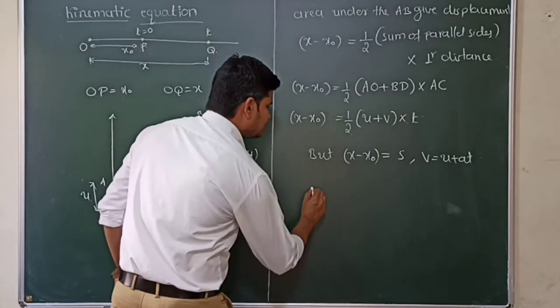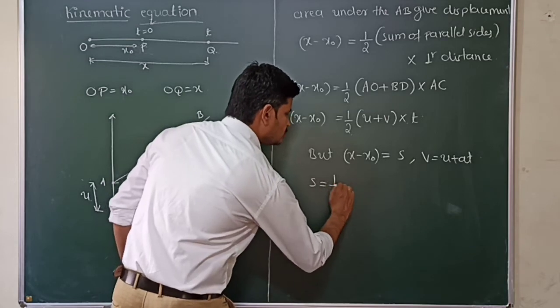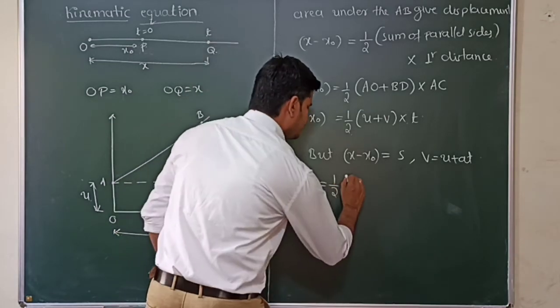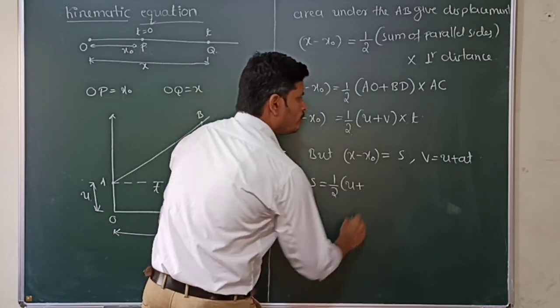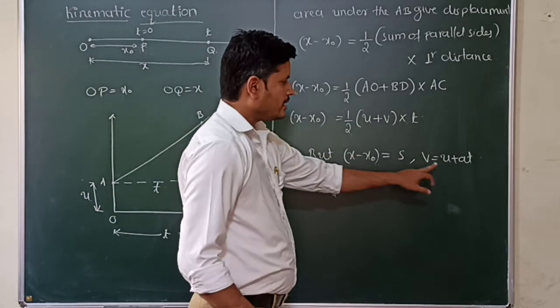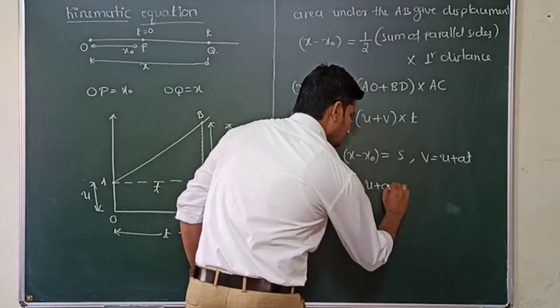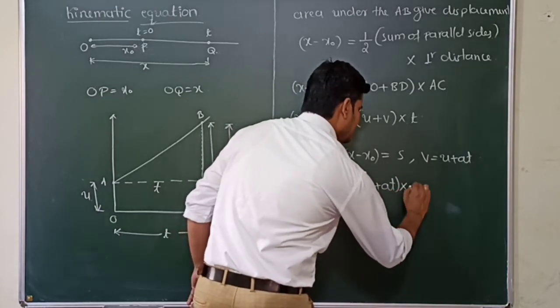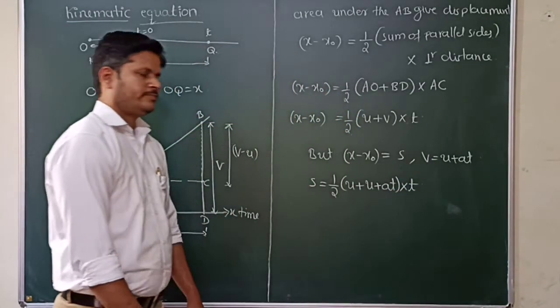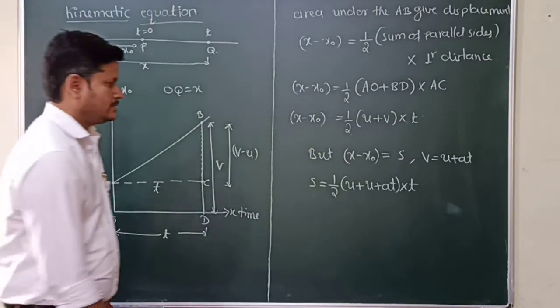Therefore, replace this: s is equal to 1 divided by 2 into bracket u plus, in the place of v write u plus at, into t, correct?